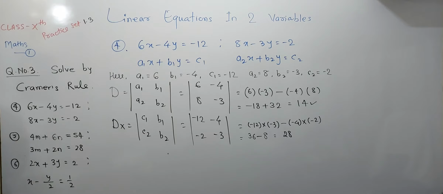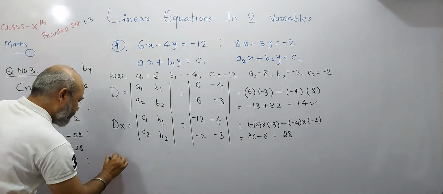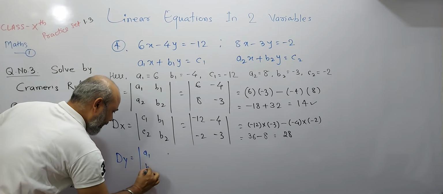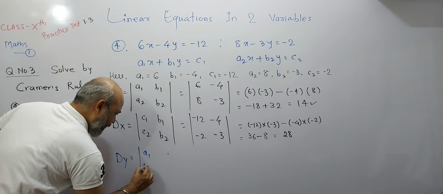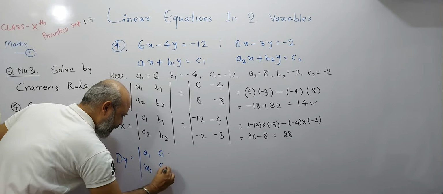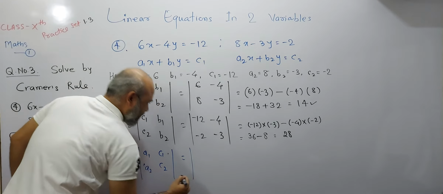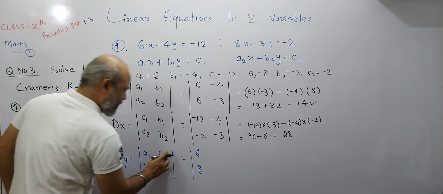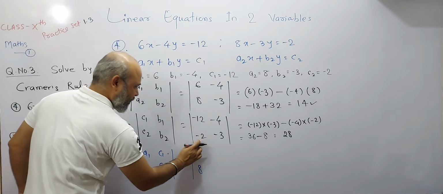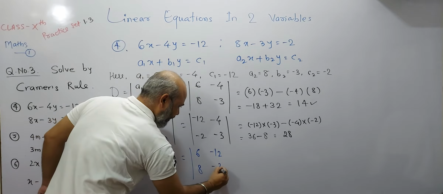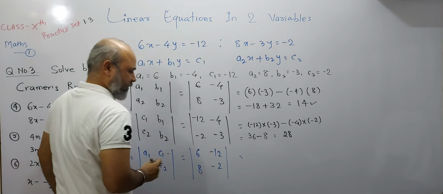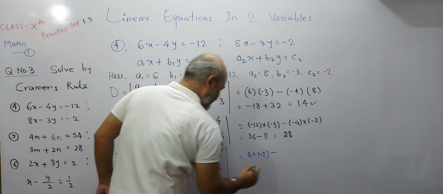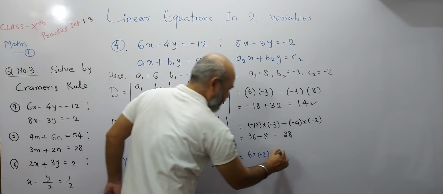Now we'll find the value of Dy. So to find the value of Dy, we'll write a1 a2 and b1 b2 is replaced by c1 c2. What is a1 a2? So a1 a2 is 6 and 8. What is c1 c2? c1 c2 is minus 12, minus 2, and we will solve 6 multiplied by minus 2 and then minus sign, minus 12 multiplied by 8.